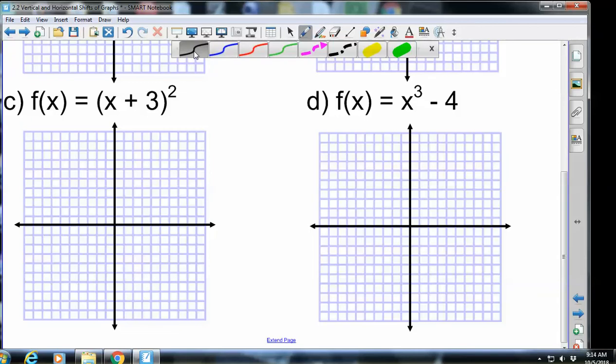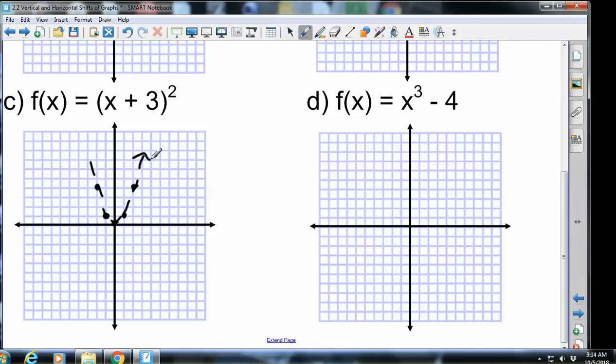So, parent function this time? Still x squared, so still a parabola. That looks like a V. So now what's going to happen?